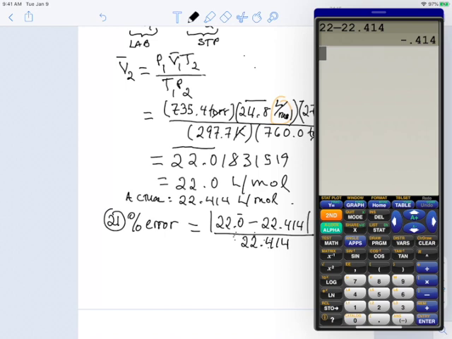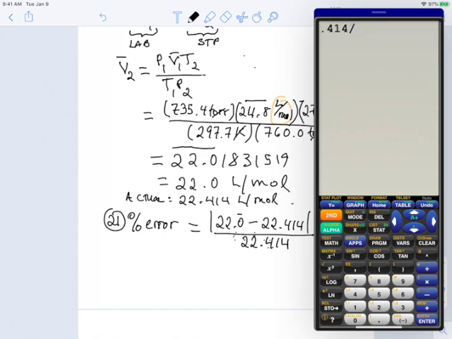Oh, let's just do that then. Okay. Oops. Let me do that again. Okay, 0.414. Okay, so that's the absolute, 0.0414. Oh, that's not it. Okay, it's 0.414. Here, let me just clear this out, 0.414.